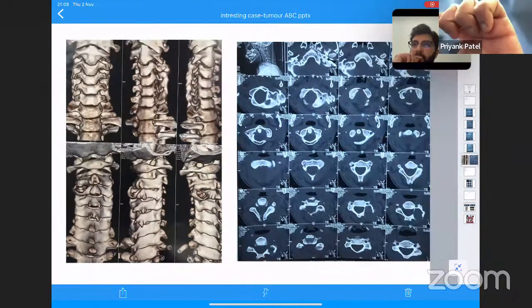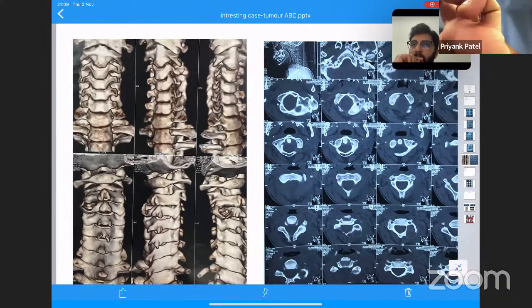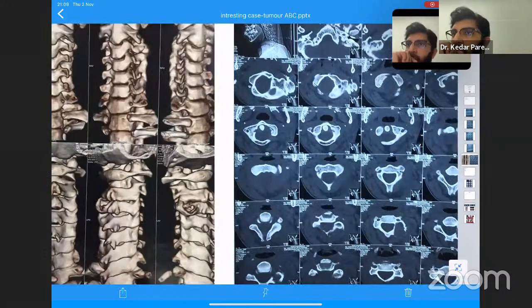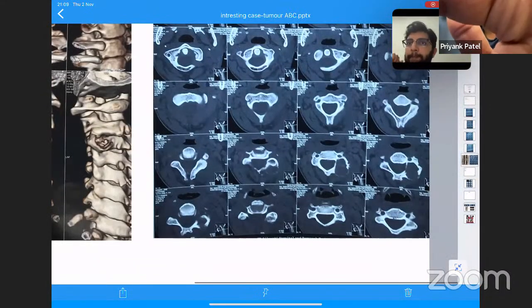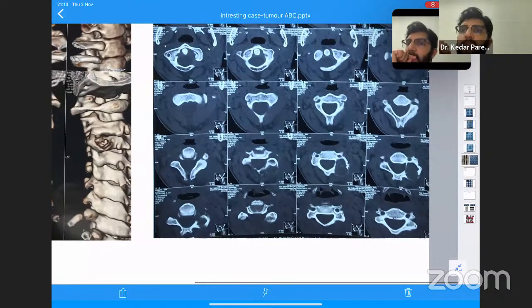Now, do you see the CT scan of this girl? Would you like to read it? What are you seeing in the CT scan? It does show that the tumor is well encapsulated. It does have a bony margin around it.